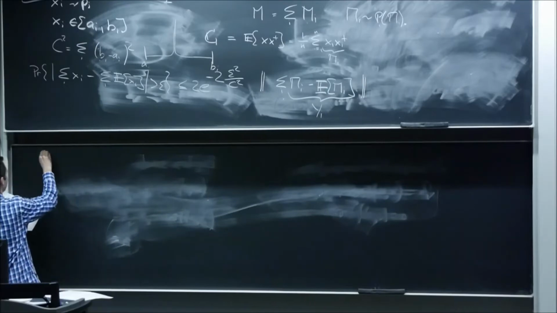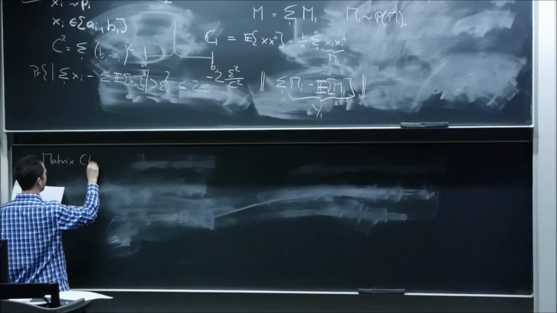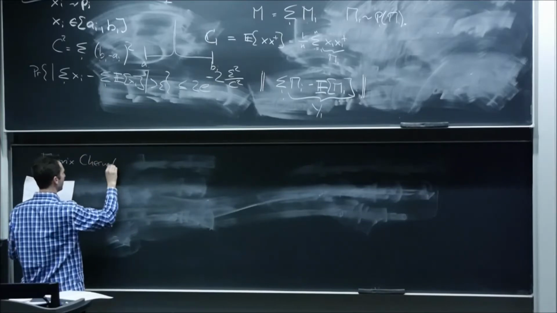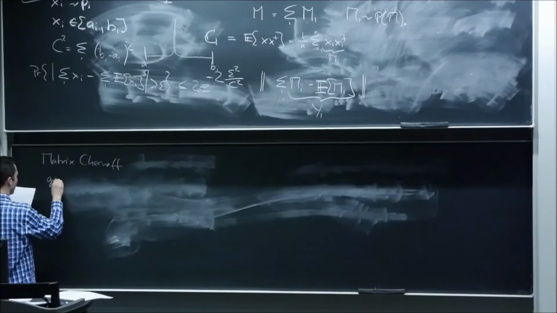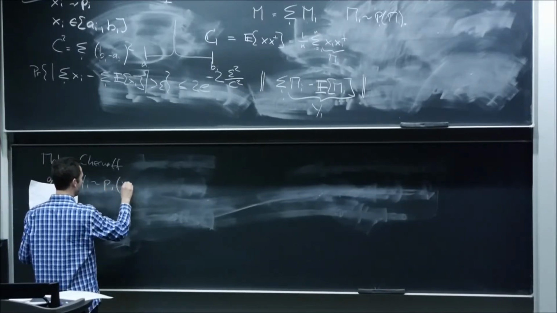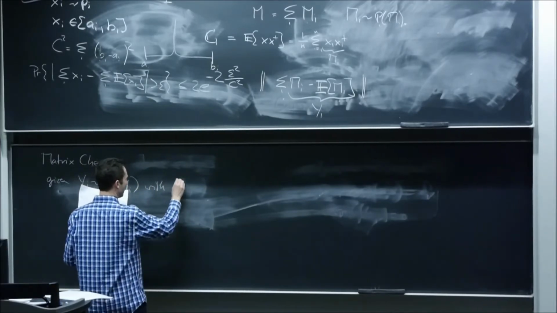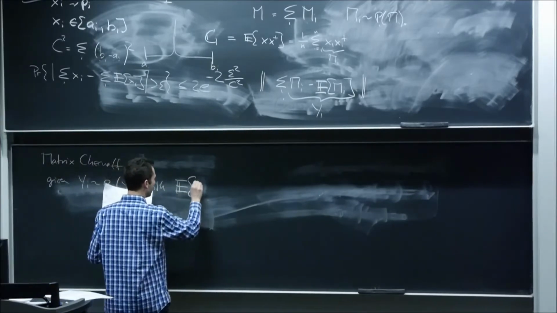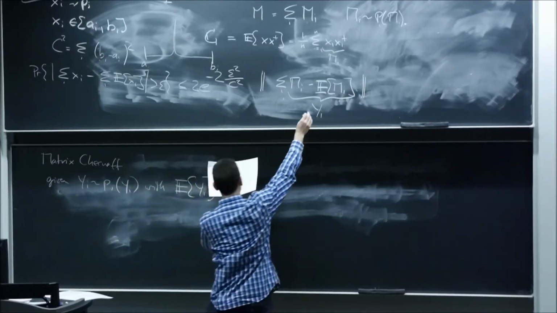So now here's the matrix Chernoff. Given Yi drawn from P of Yi, with the property that the expected value of Yi equals 0. So that's exactly what we have up here.